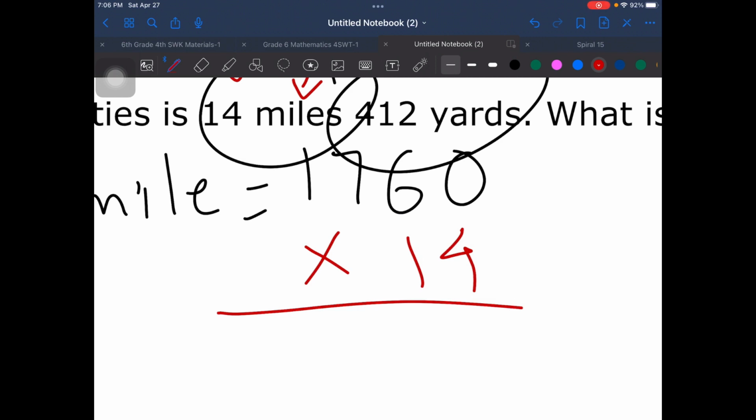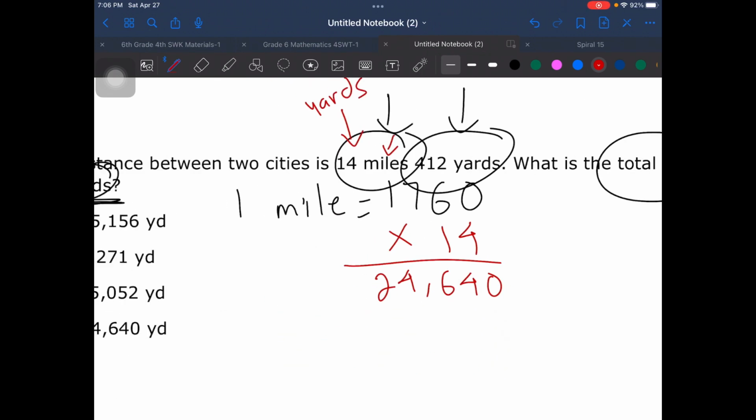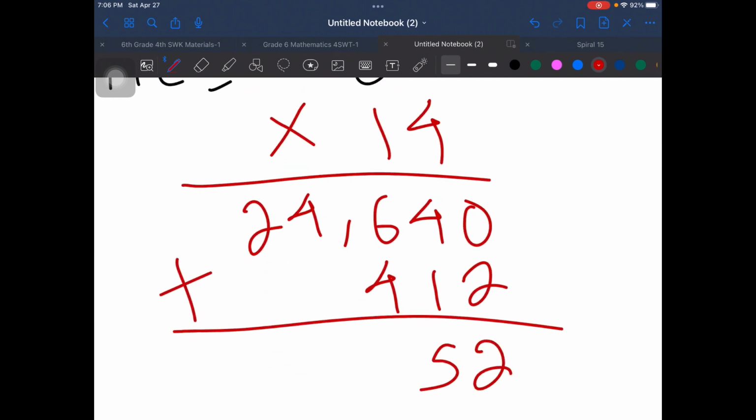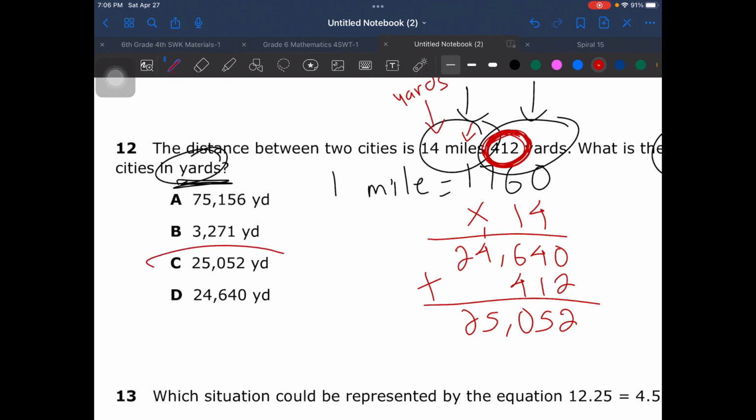We get 24,640. Now, all we got to do, we add this that was already extra, that was already a bonus. Sumamos esta parte, chicos. 2, 5, 10, 5, 2. Aquí está.